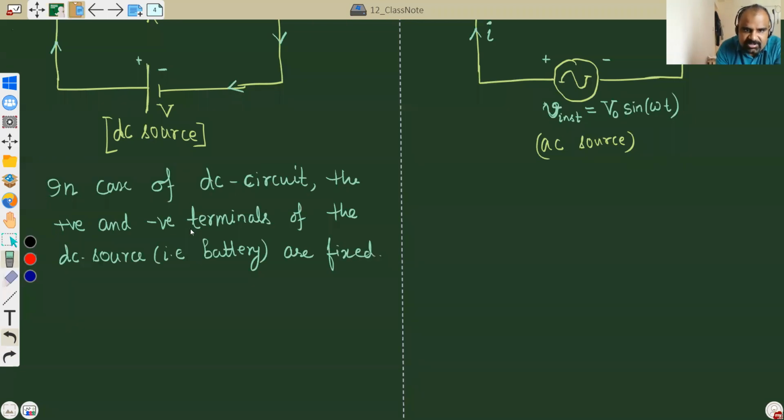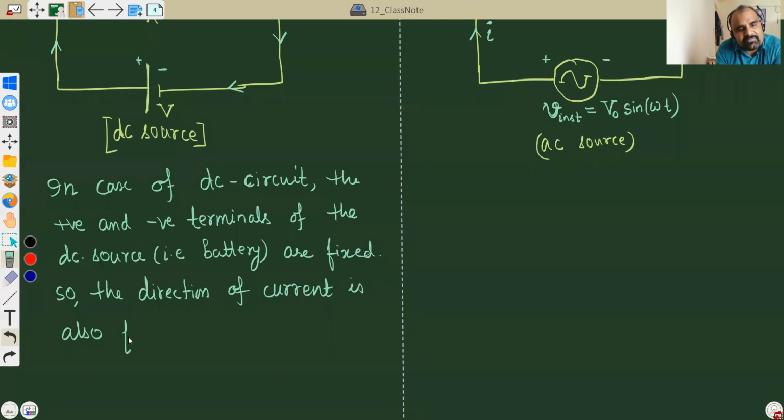The positive terminals and negative terminals are fixed. So the direction of current is also fixed.